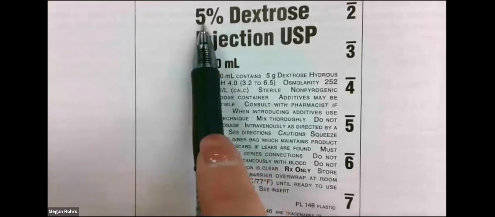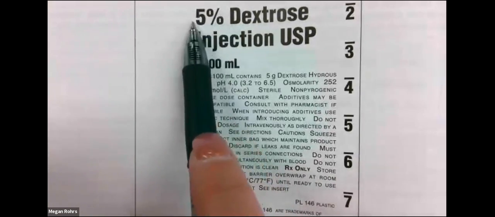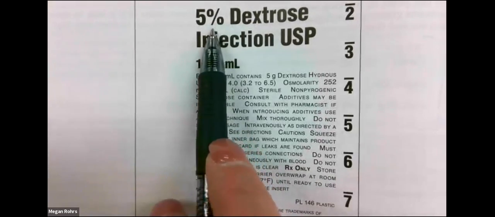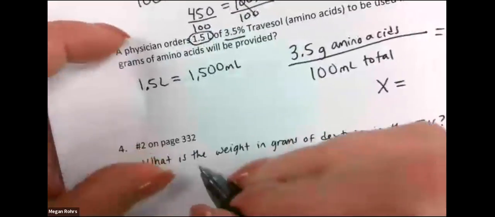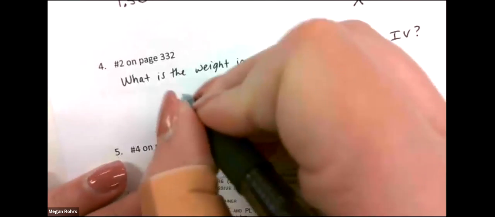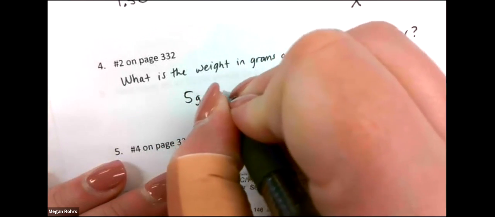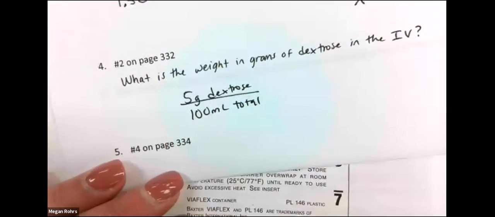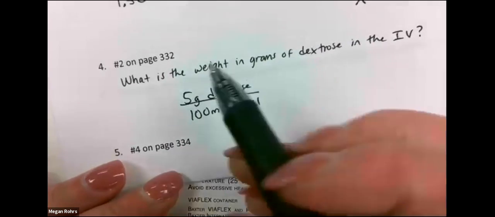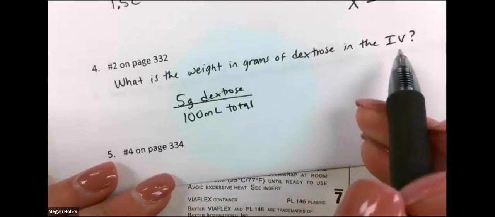Now, 5%. Immediately, let's change that into a fraction. So 5% would be 5 grams of dextrose in 100 mils of total solution. And it says, what's the weight in grams of dextrose in the IV?